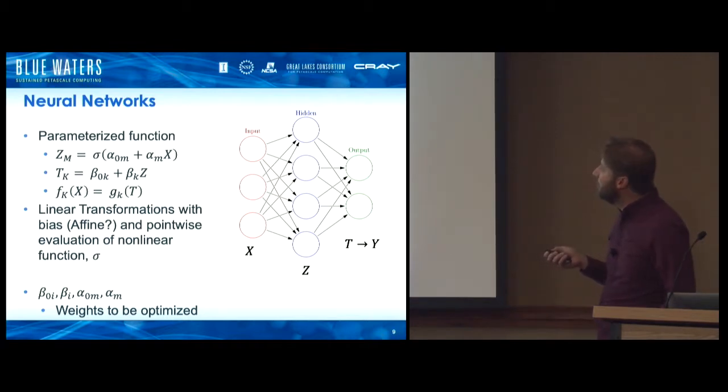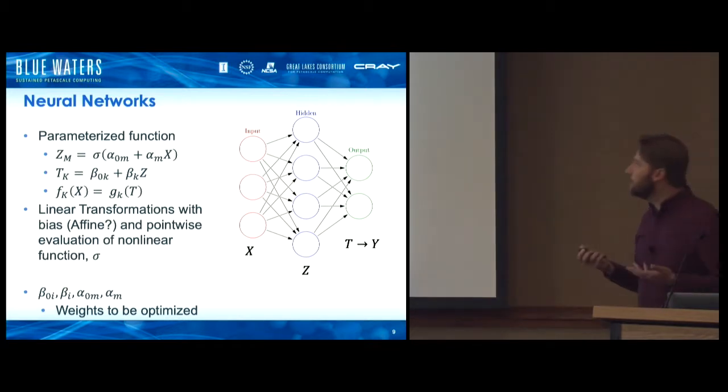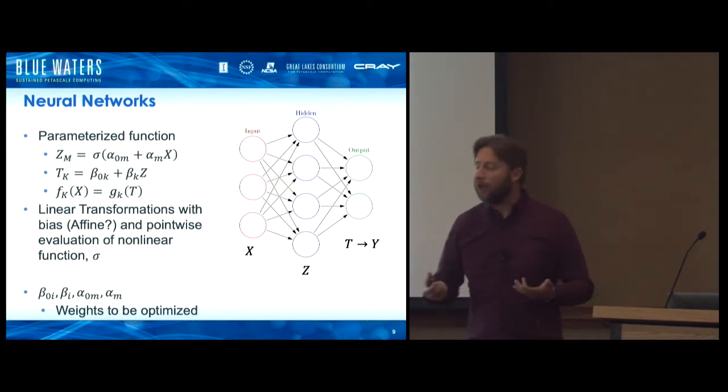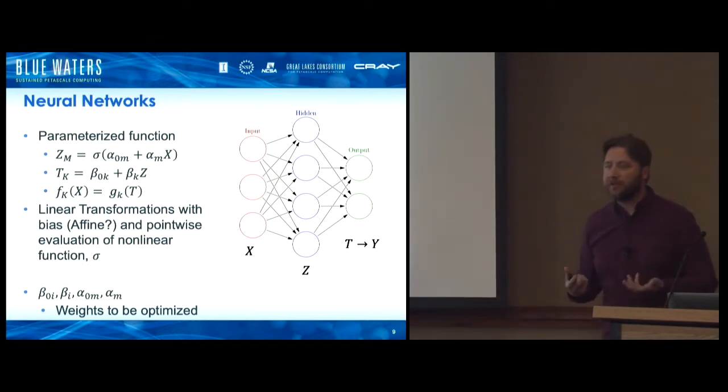And then another linear transformation tells you how things get split up into the outputs. So this is just some complicated function, multiple inputs, multiple outputs, and our task is to optimize the weights against some training data.